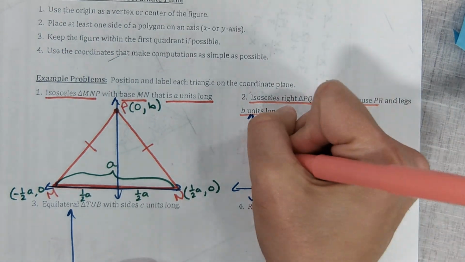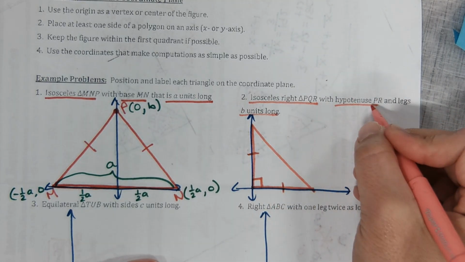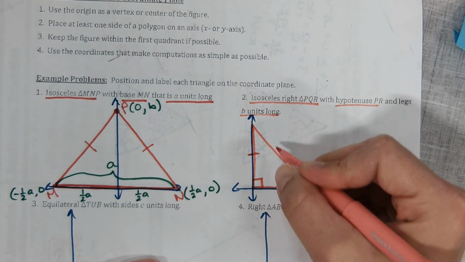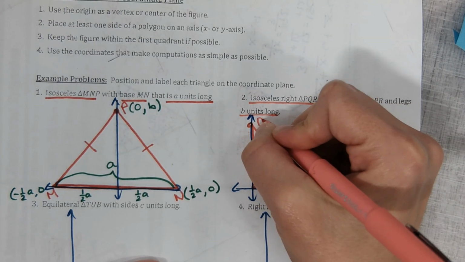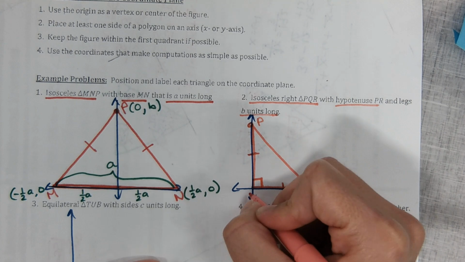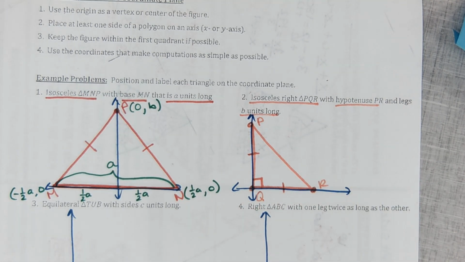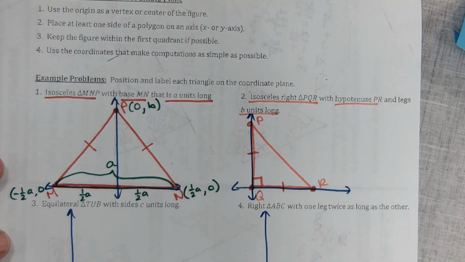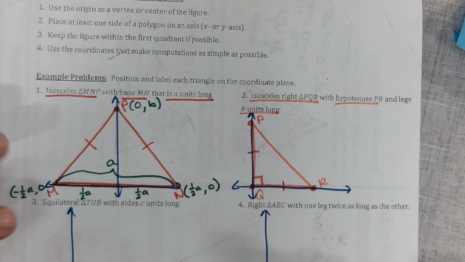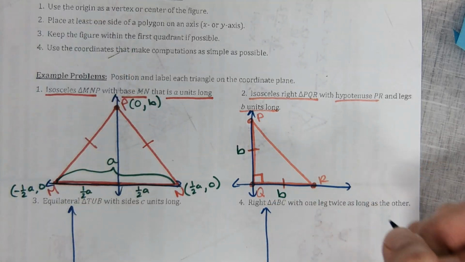And it says it's isosceles, so this would be the same length as this. The hypotenuse is PR, so this would be the hypotenuse, PR. And then the third point would be Q. It says the legs, so these two legs are B units long, so this is B units long, this is B units long.